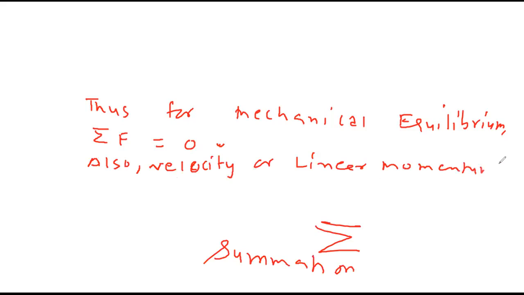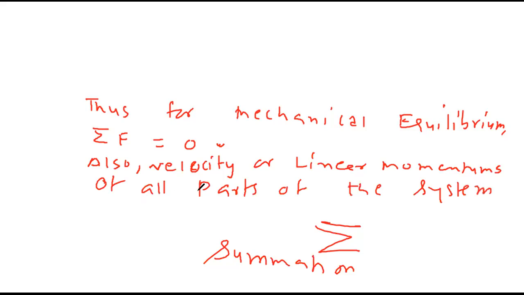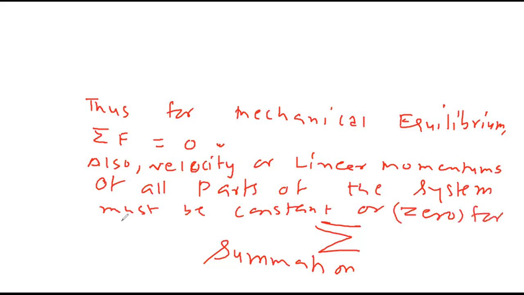So also velocity or linear momentums of all parts of the system must be constant, or 0, for the system to be in mechanical equilibrium.